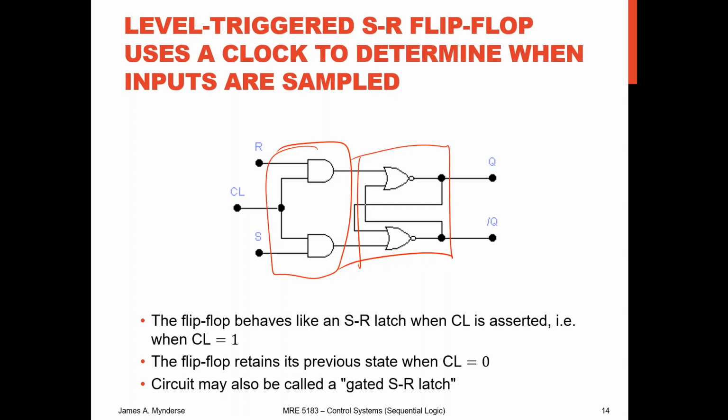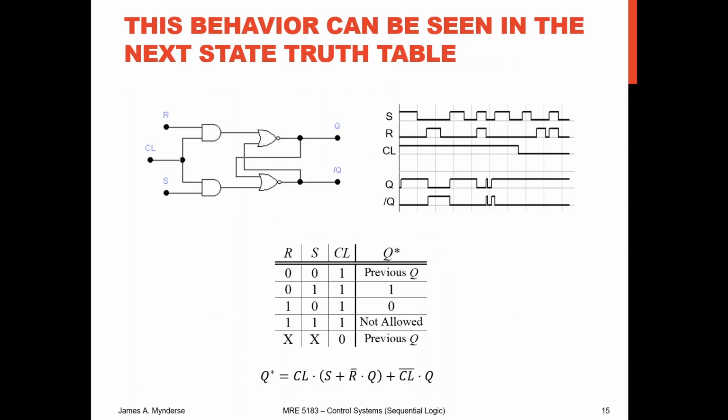And when the clock is 0, well, then when you AND R and S with 0, you get zeros. And remember that if you're putting in zeros to the SR latch, then Q and not Q stay the same. There's no changes there. And so this does not allow any changes to occur when the clock is 0. So it's a real simple way to add a level triggering to an SR latch. So whenever the clock is low, the flip-flop is going to retain its previous output values.